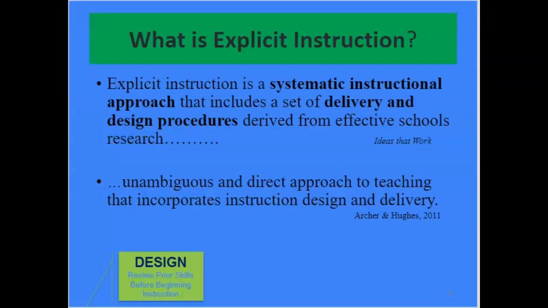So when we're talking about explicit instruction, what we're really talking about is a very systematic instructional approach that looks at both the design and delivery procedures. It's all based out of effective school research and is a very, very specific, direct approach to teaching. There should not be any ambiguity in the instructional design.